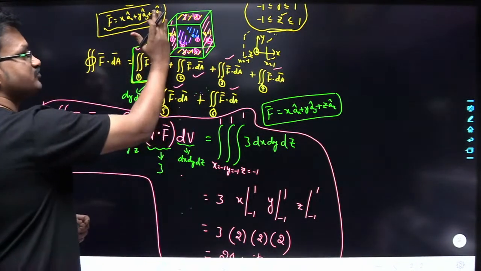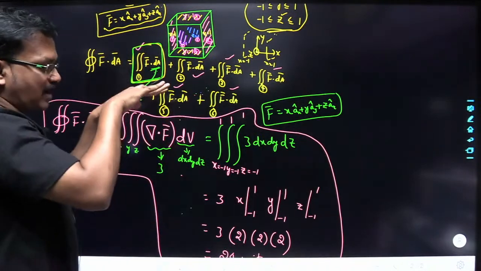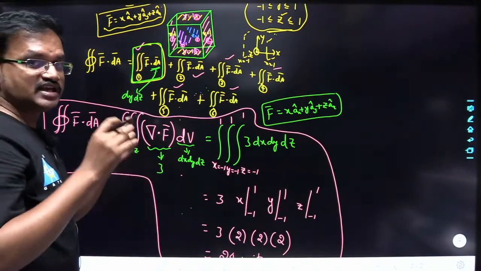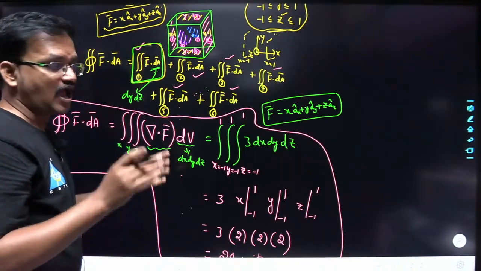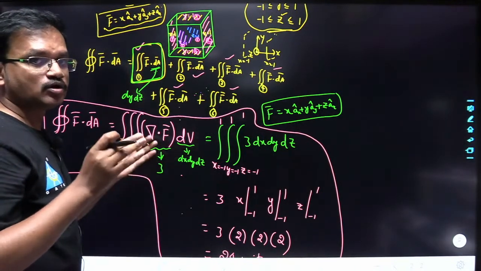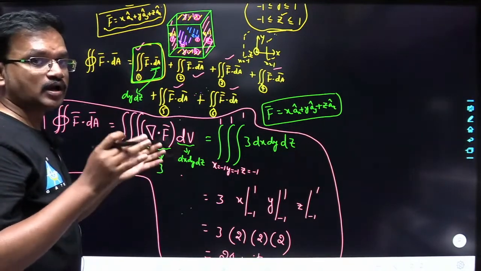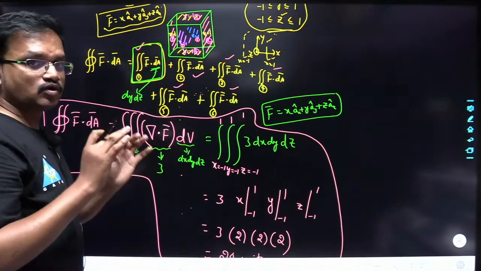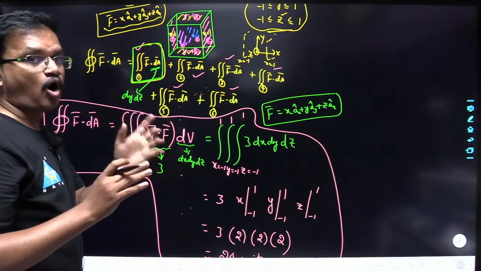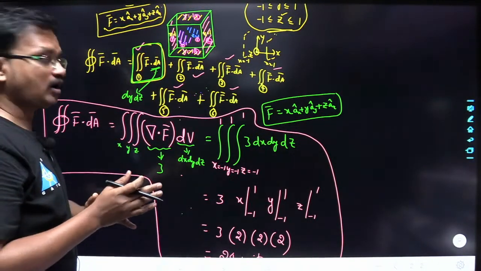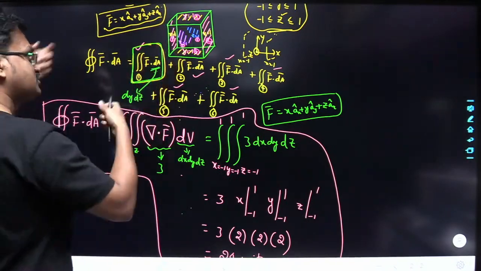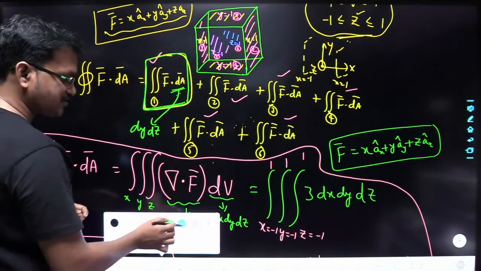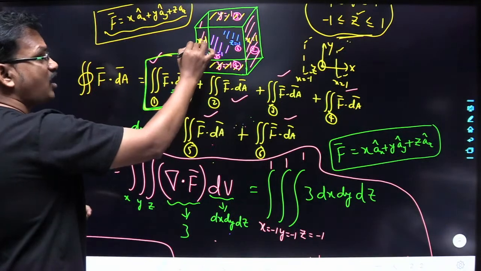So what is the direction of this surface here? If you have a closed surface, then the direction of that closed surface is always given by the outward unit normal drawn to that closed surface. Yes or no? Now if you consider this x is equal to -1 surface, its direction is given by the outward unit normal.